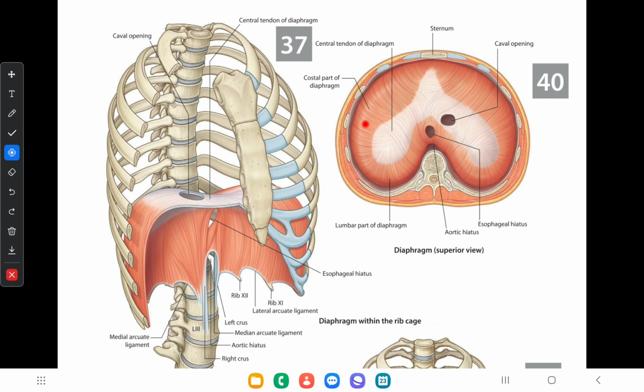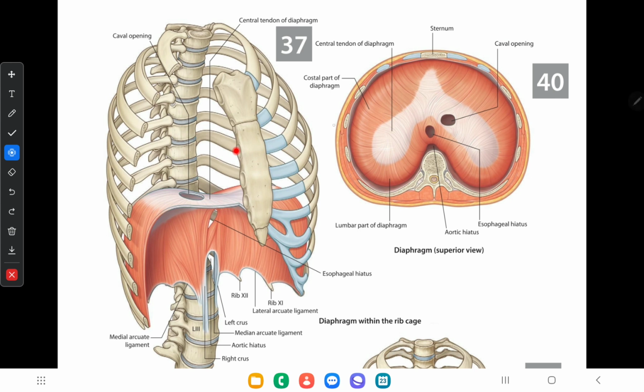When we talk about the position of the diaphragm, it can vary with the position of the body. If you are in the supine position, the diaphragm is highest and shows maximum movements, and if you are in the sitting or standing position, the diaphragm may be the lowest and you will not see maximum movements of the diaphragm.